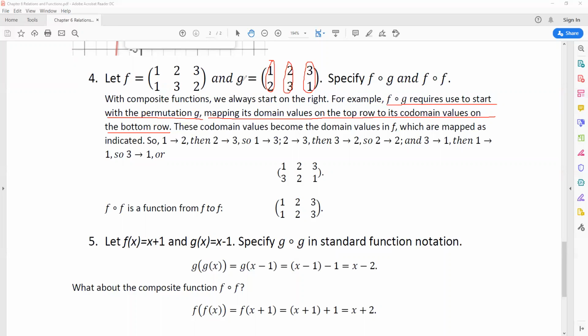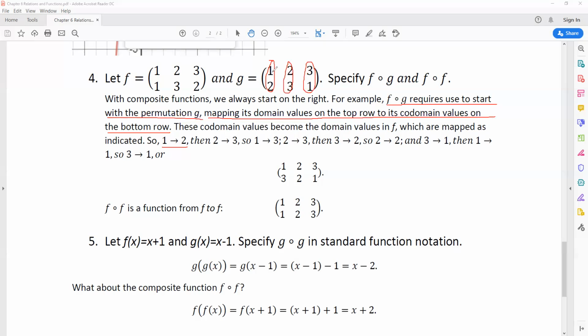So this is going to be our beginning, right? g is going to take our first domain values and map those, and then we're going to slide over to the left and evaluate according to the element f. And again, g takes 1 to 2.